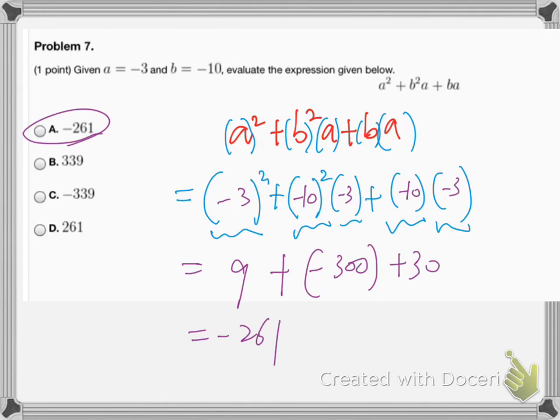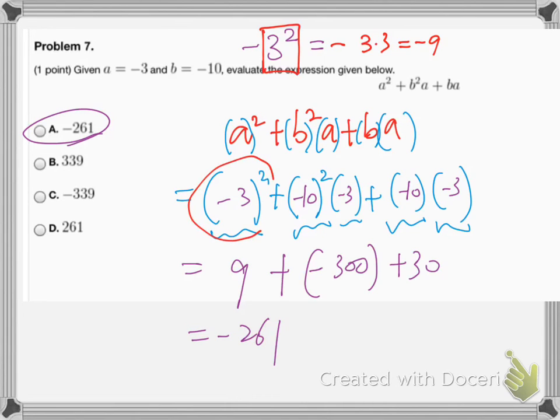So a lot of students, even if they use a calculator, still get the wrong answer because they didn't put the parentheses. When you use the calculator, if there's no parentheses, this expression means only 3 is inside the power. The negative sign is not in the power, so this is -3 times 3 is -9.